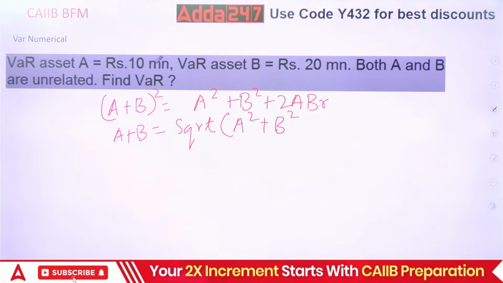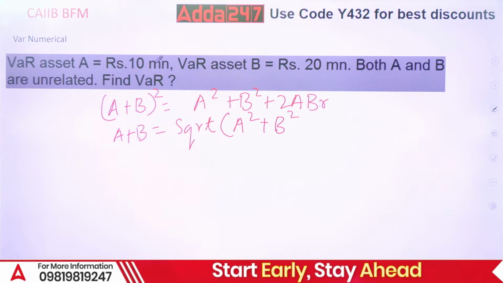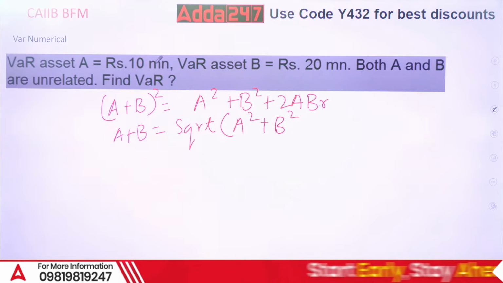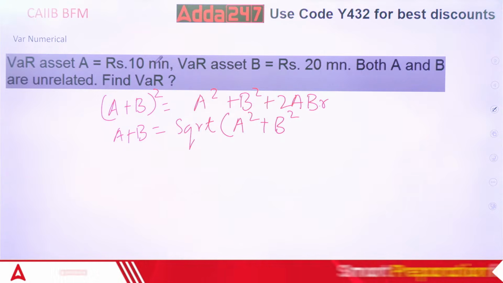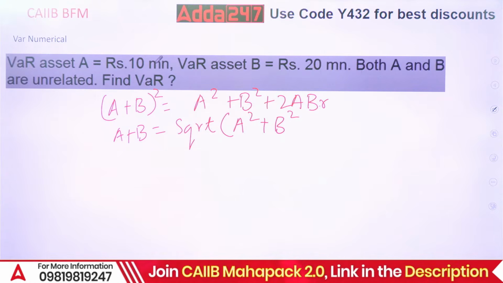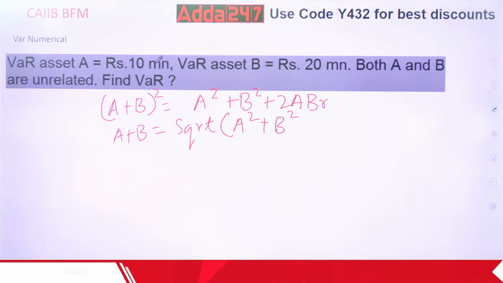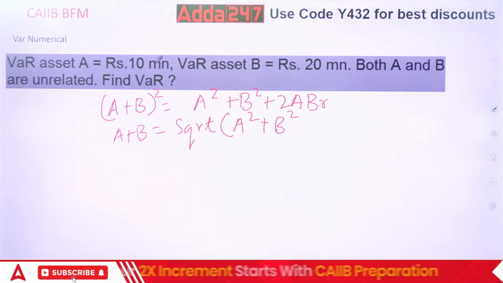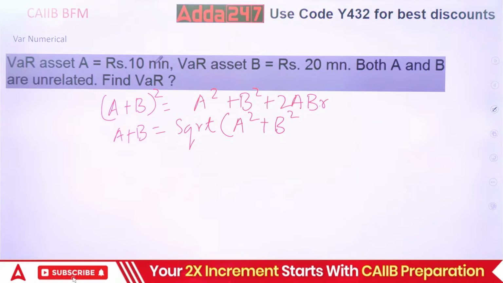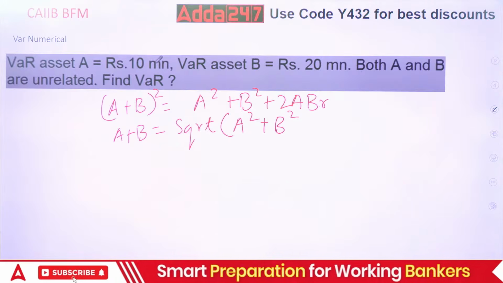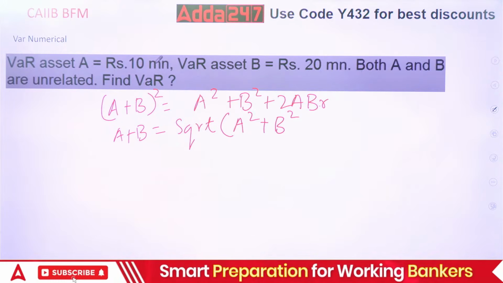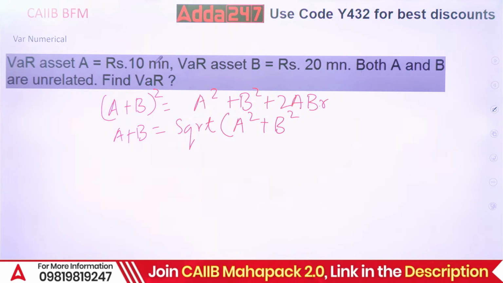When any two bonds or any two activities are not related to each other, their R is what?